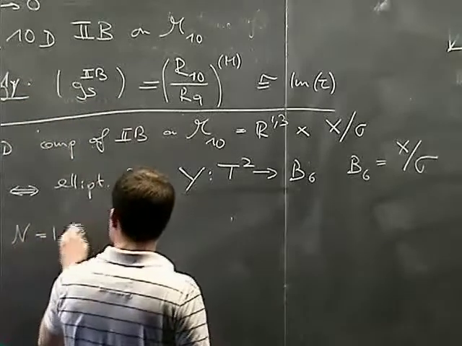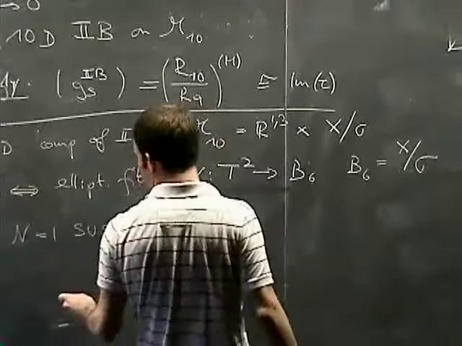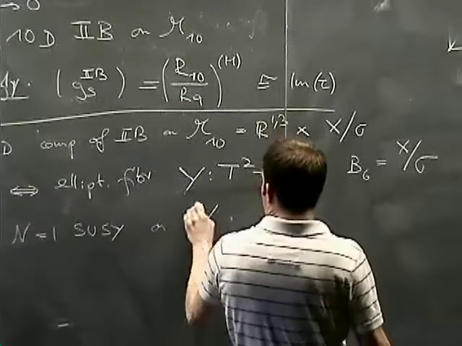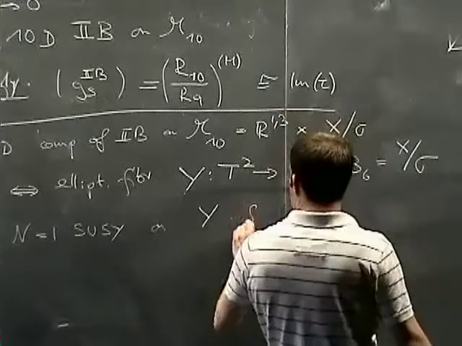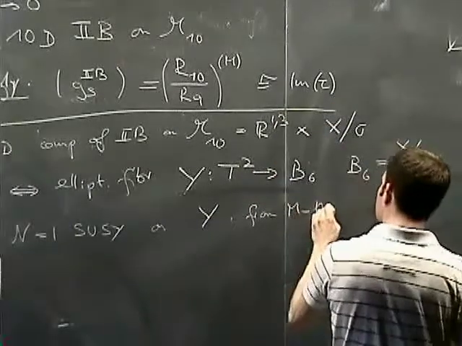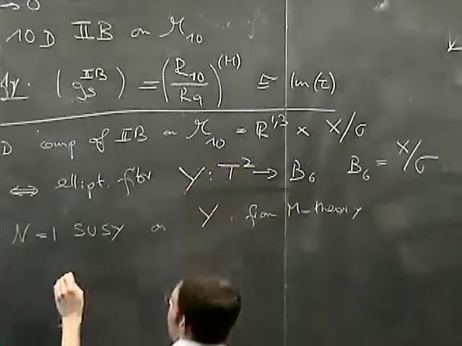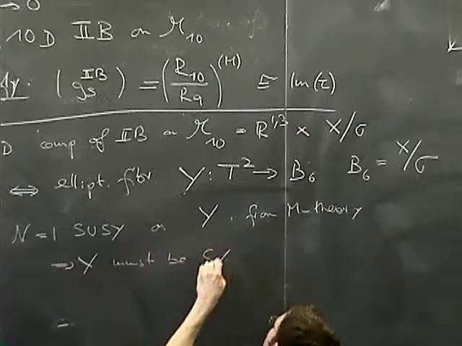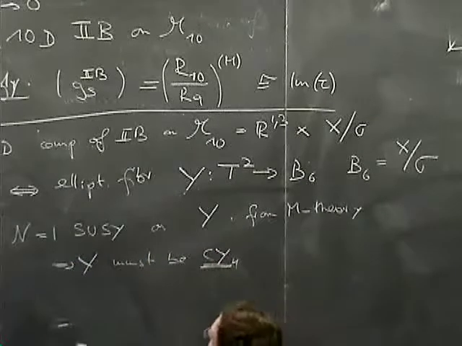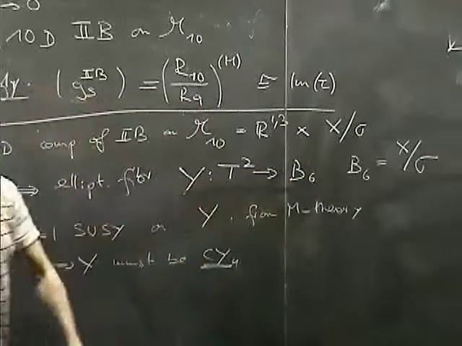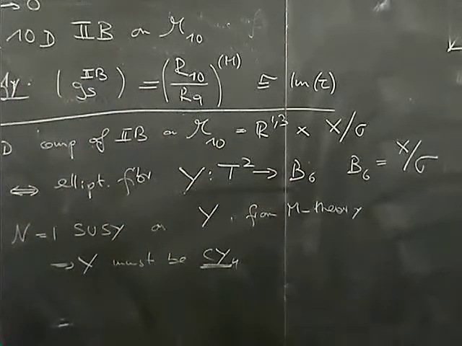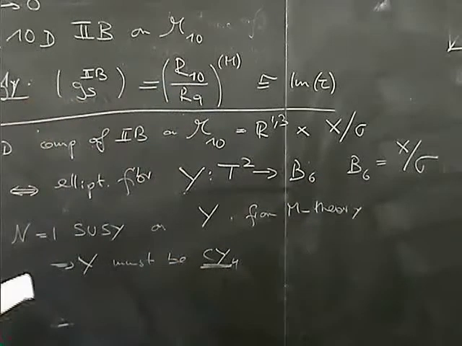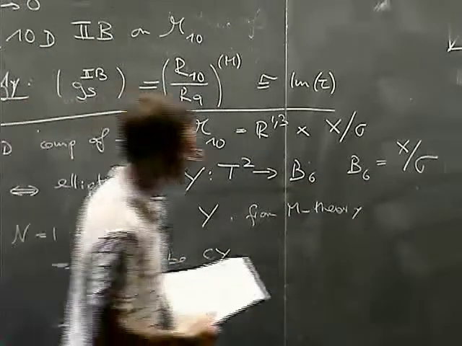So for N equal 1, and this is where the M-theory picture really necessarily comes in, N equal 1 supersymmetry on Y from M-theory requires that Y is a Calabi-Yau fourfold. And this is then taken over to the type 2b or to the F-theory side. So not every elliptic fibration will do, but we need a Calabi-Yau space for N equal 1 supersymmetry.